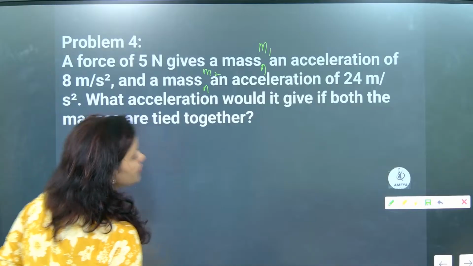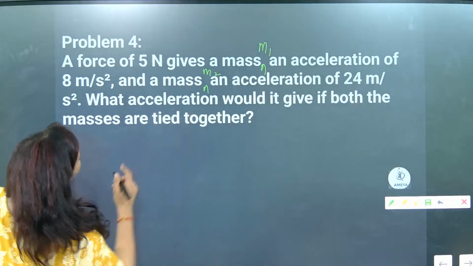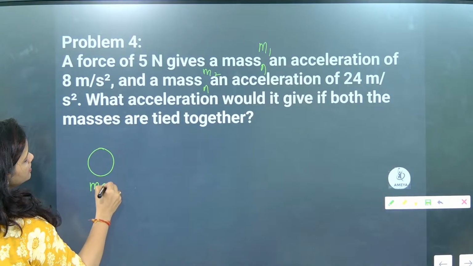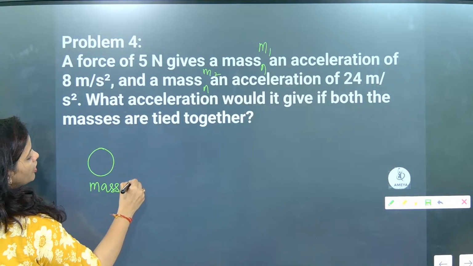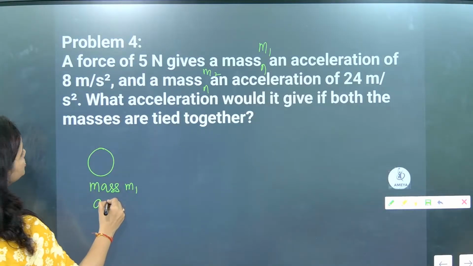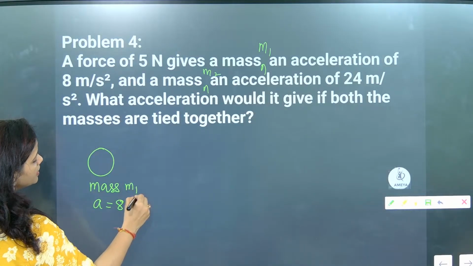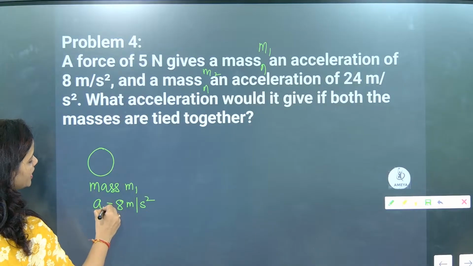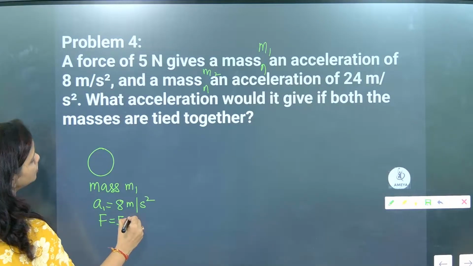Now let's see. I'm going to solve the question. A force of 5 Newton. So one body is there. The mass of the body is m1, and it is having acceleration 8 meter per second square, that is A1. Force is given as 5 Newton.